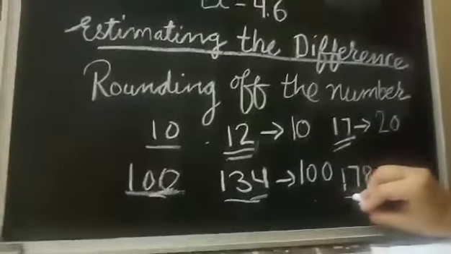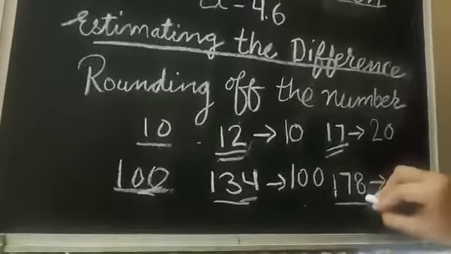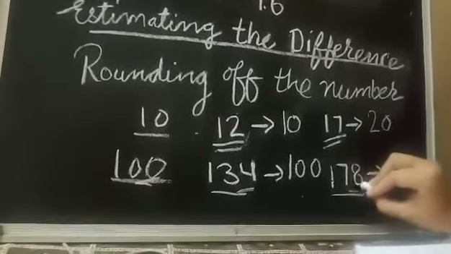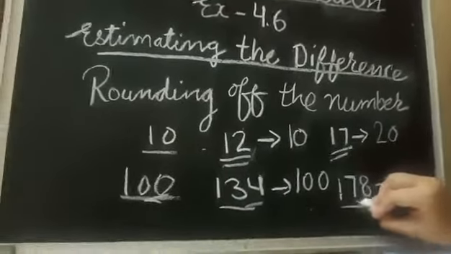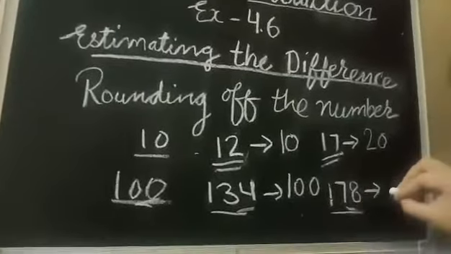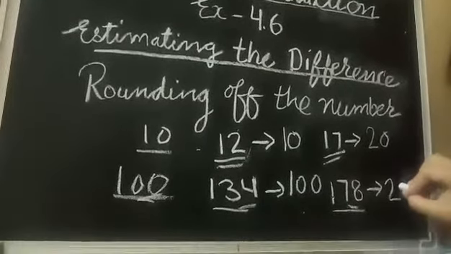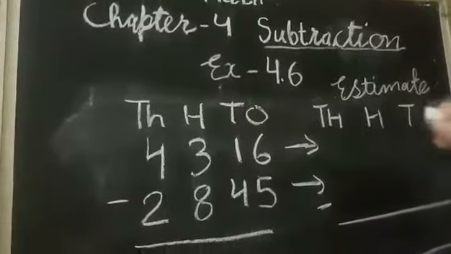And in this figure, 78 is more than 50. These two digits, this is ones, this is tens. We will take two digits. 78 is more than 50, so it becomes 200.